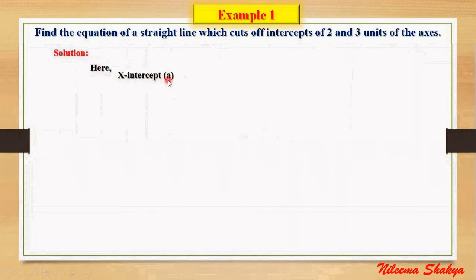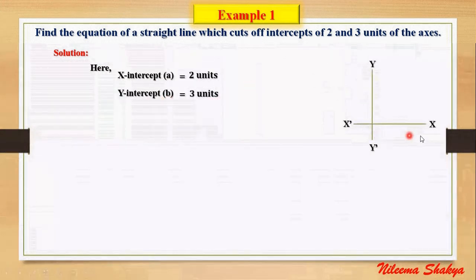Here x-intercept A, according to the question, is 2 units, and y-intercept B is 3 units. The figure is here, coordinate axis, a straight line is here. It is making an x-intercept, that is the distance from the origin to the point of intersection with the x-axis.